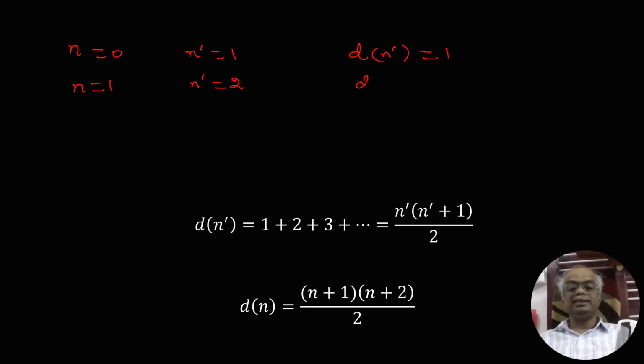Then degeneracy is 1 plus 2, you got 3. Then when n equal to 2, that is n prime is equal to 3, then the number of degeneracy is equal to, you have to add all these three, 1 plus 2 plus 3, we got 6.